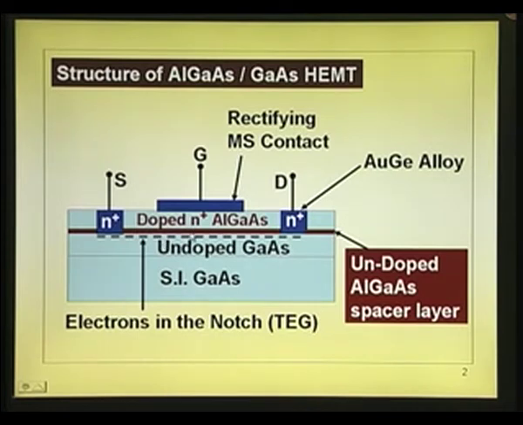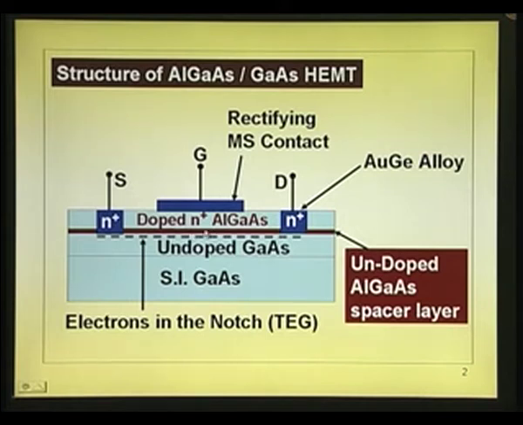Now, you can't make this too thick. People have seen that if you make it thicker, it is better. Why? If you make it thicker, there is less chance of these electrons coming under the effect of the dopants. So, you would like to make it thick, but the moment you make it thick, the total insulating layer thickness becomes more, and if it becomes more, C s falls, transconductance falls.